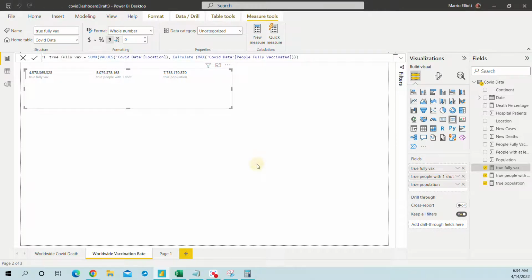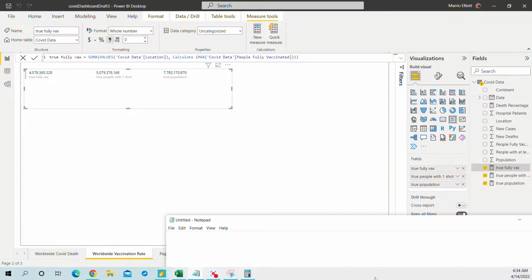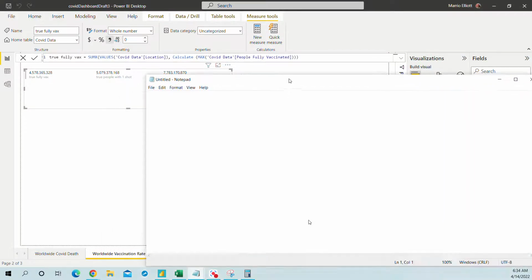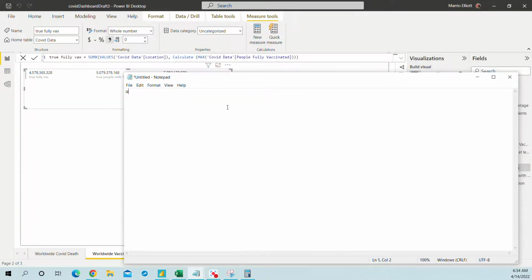Let me show you an example if it's not as clear. The SUMX is saying, give me the United States, that's a unique value in our location column, and give me the max people fully vaccinated. Say it's 300,000. It's going to be in number form, but I was going to type it out. Then it'll go to Egypt.